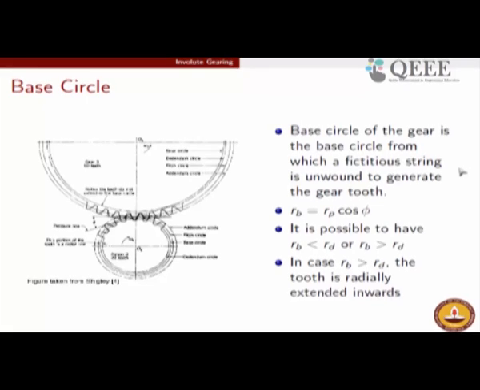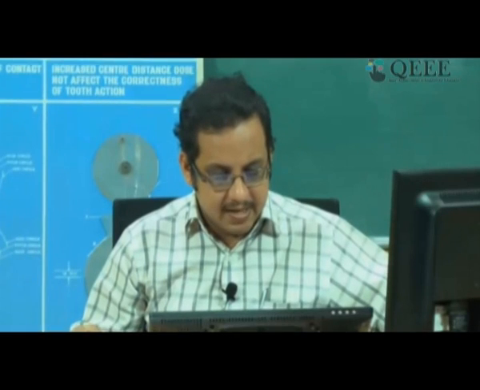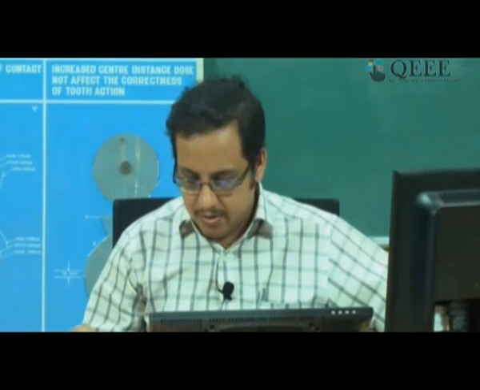So what is usually assumed, in case the base circle turns out to be larger than the dedendum circle, is that the portion in between the base circle and dedendum circle is simply a radial extension. It cannot be an involute. I will just explain myself once more in these notes.